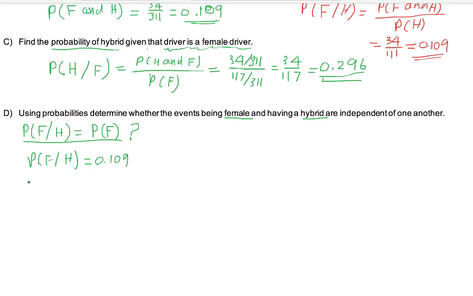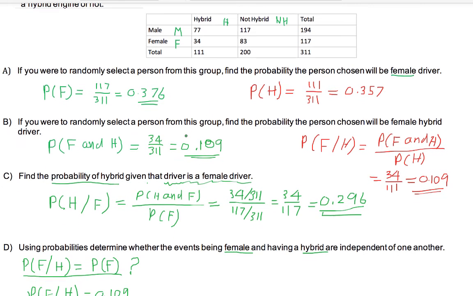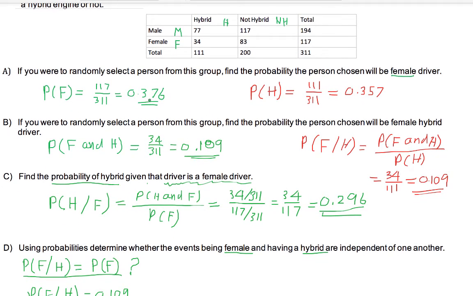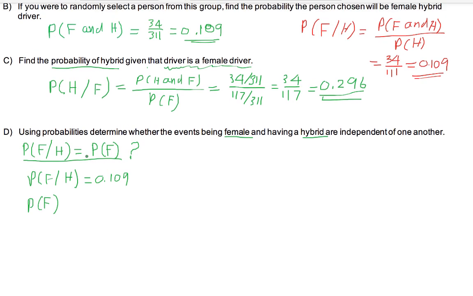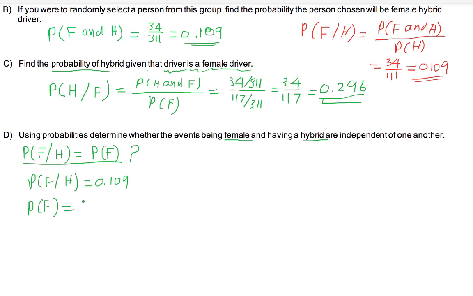0.109. Now I will check the probability of female. So probability of female, we have the answer here, 0.376. So you see these two are not equal.